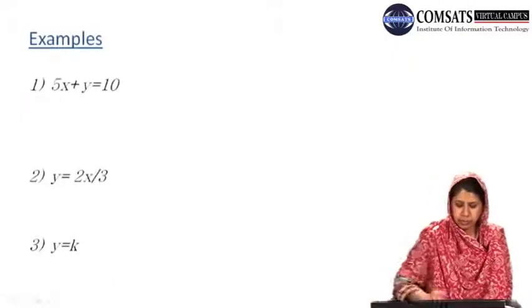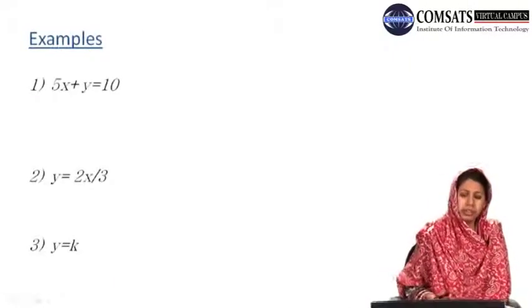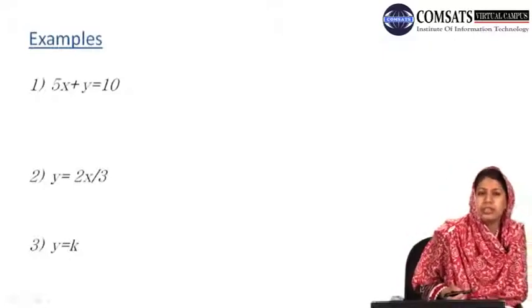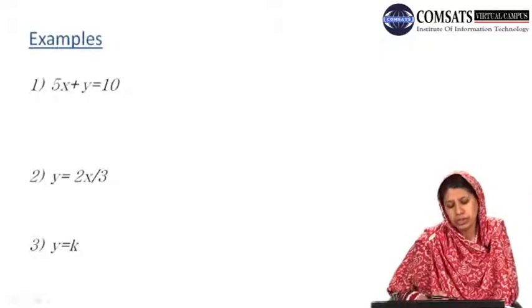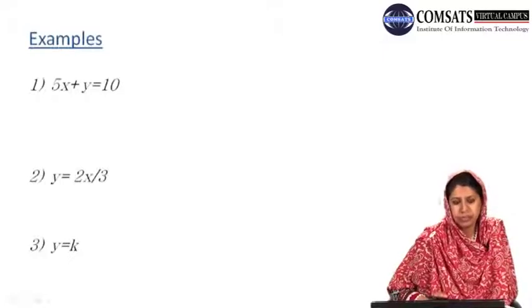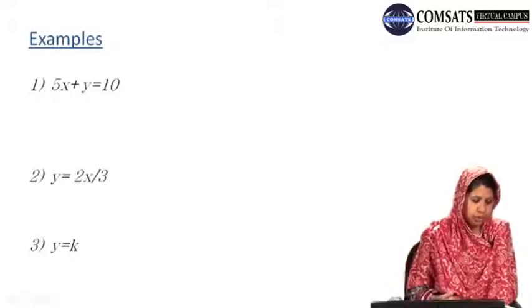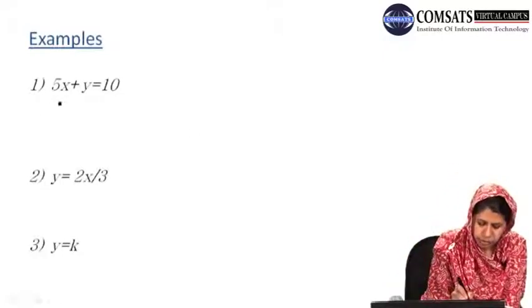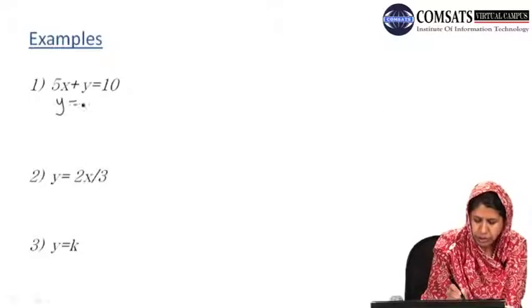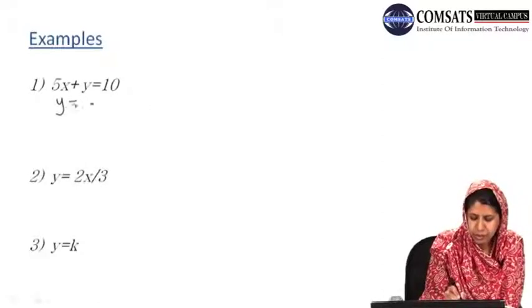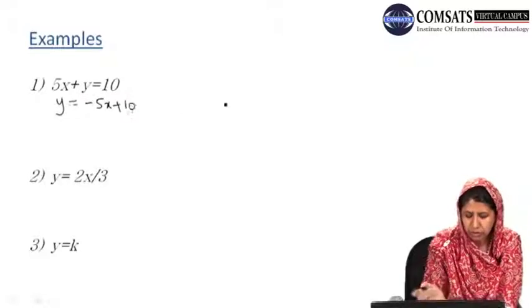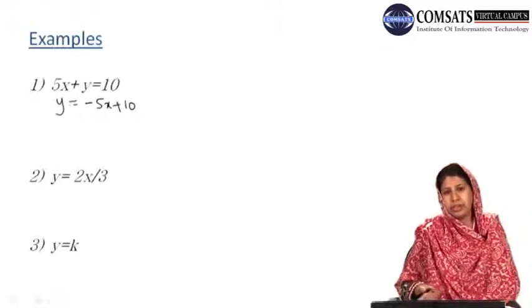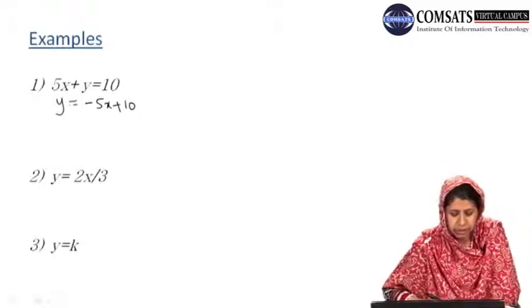We are given an equation of a line with two variables x and y, which is 5x plus y equals 10. What we will do first, we will rewrite the equation in our standard form, that is y equals minus 5x plus 10. What we have done in this step, we have subtracted 5x from both sides.